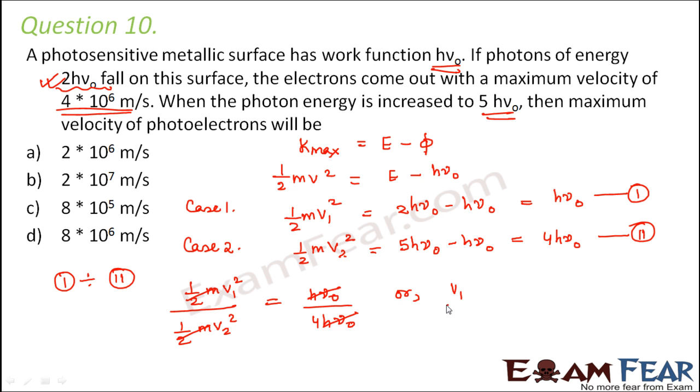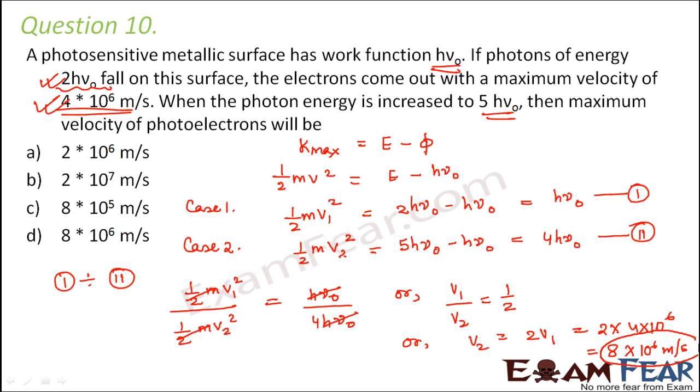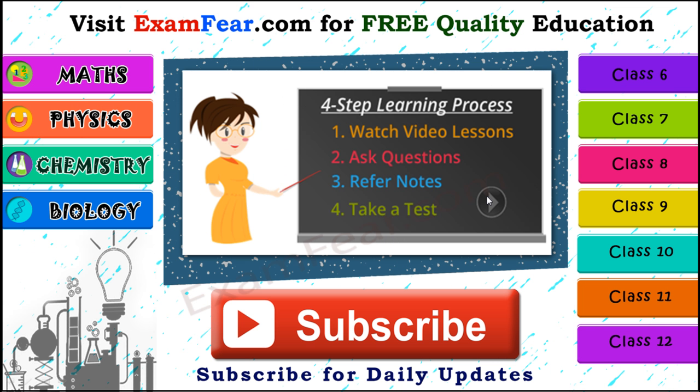So we can say v1 by v2 is equal to 1 by 2, or v2 is equal to 2v1. Now the value of v1 is given as 4 into 10 to the power 6. So v2 will be 2 into 4 into 10 to the power 6, which is equal to 8 into 10 to the power 6 meter per second. So this would be the correct answer.